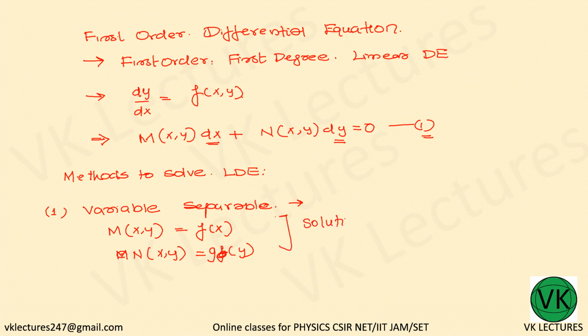You can write it as f of x dx plus N of y dy equal to 0. So the solution will be just integrating this. You will integrate this part. What you are arriving at is y in terms of x, some function of x.